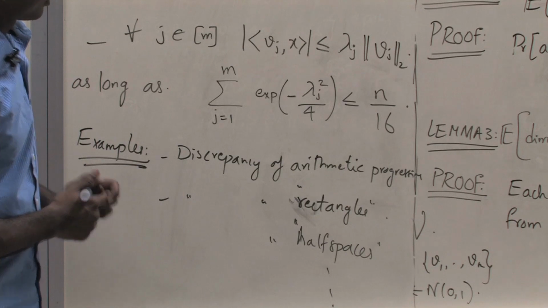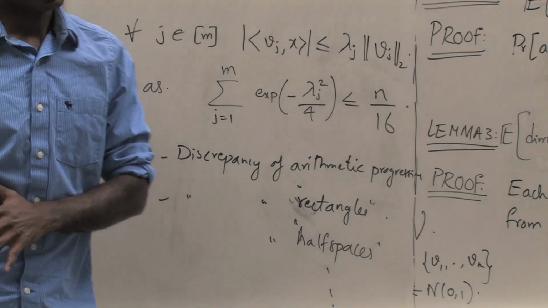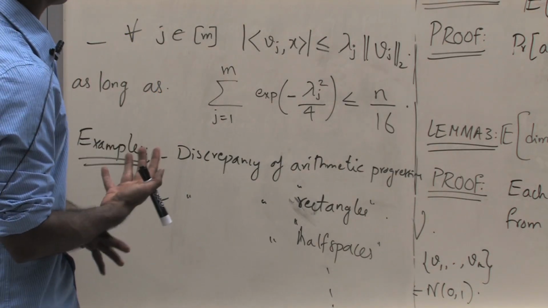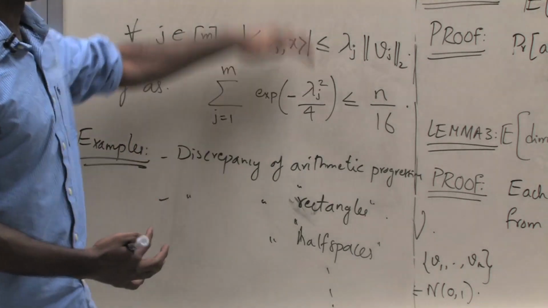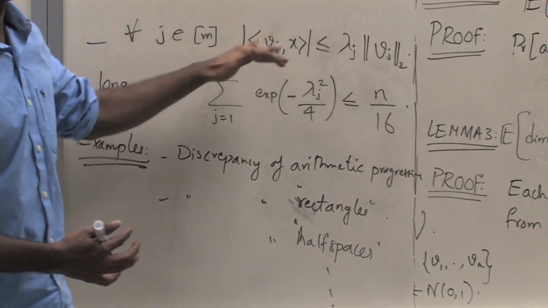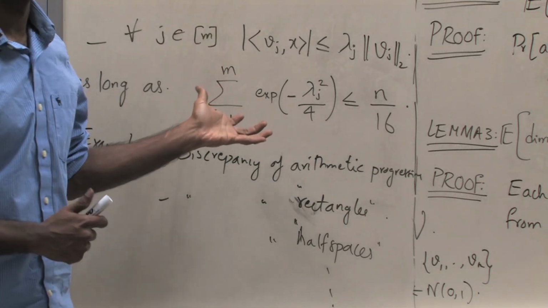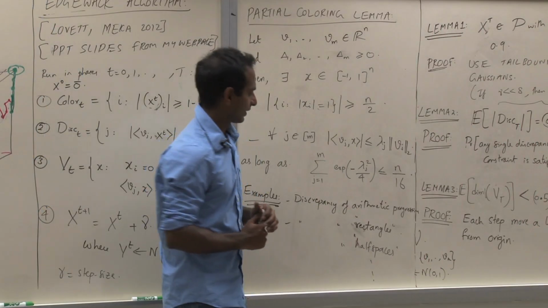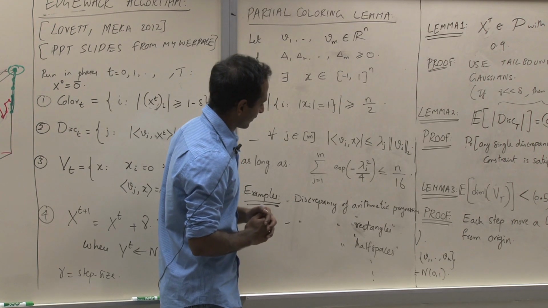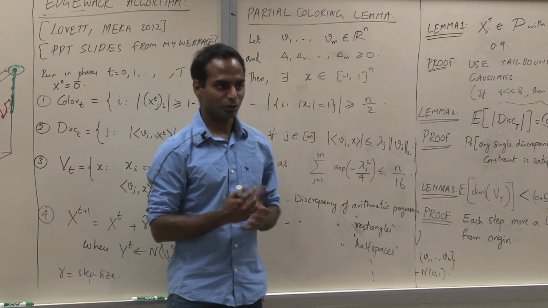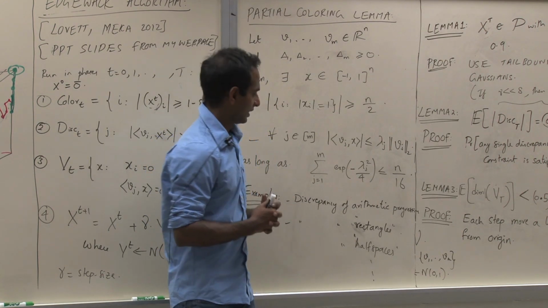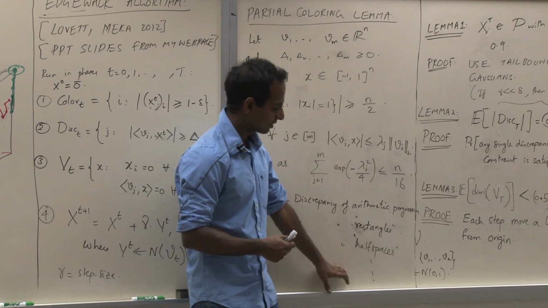And so the proof I said here actually gives you a constructive version of this partial coloring lemma. Okay, so you can find an x which satisfies these conditions. And one of the open questions is to make all of these applications constructive.